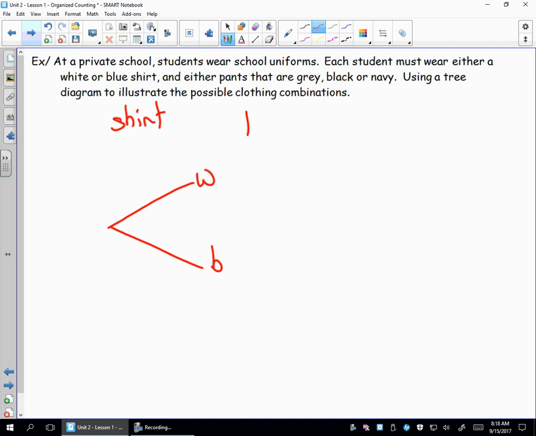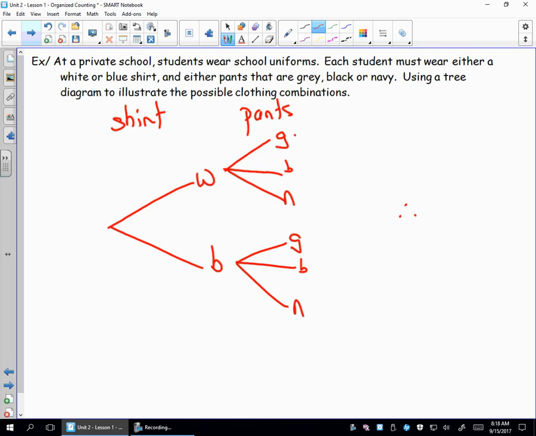The next choice is I've got to put some pants on. So what could they wear? They could wear gray pants, black pants, or navy pants. These would each be a third if we were talking about probability, but again, I don't care about that. What I care about are just the lists of things that they could wear. So how many different possible clothing combinations are there?